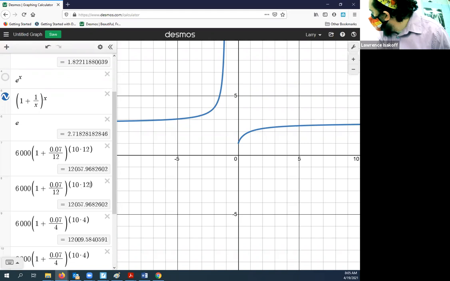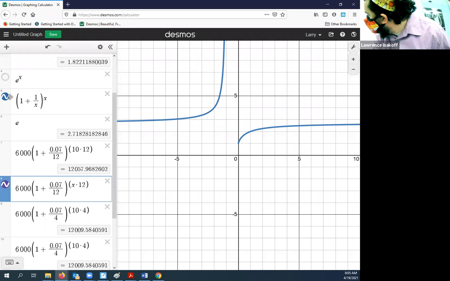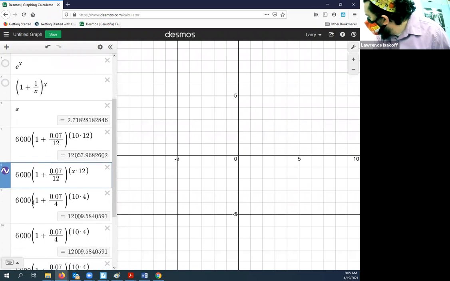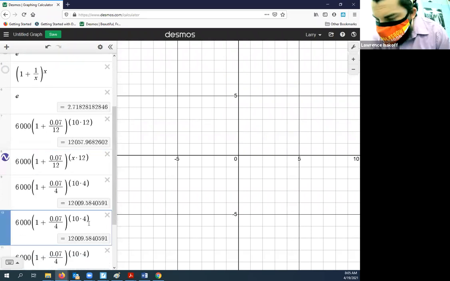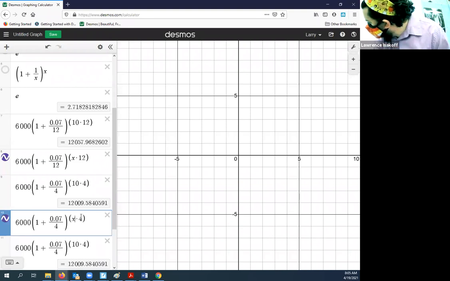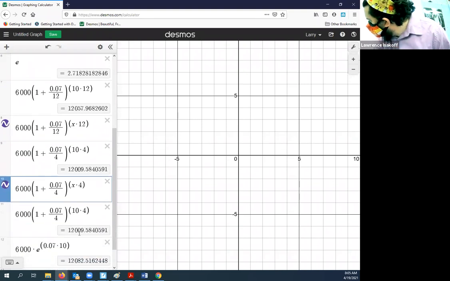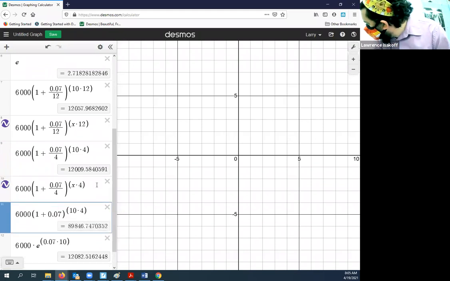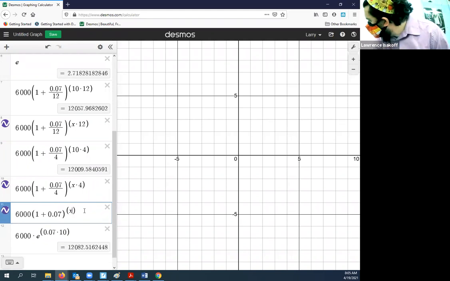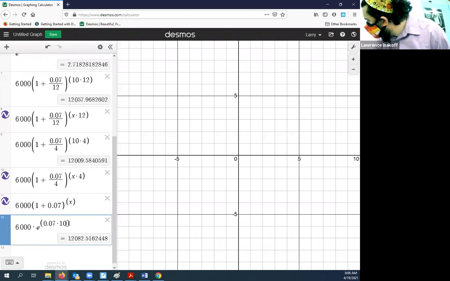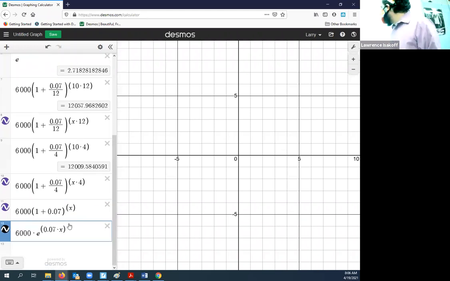Okay, so if I change this to x, turn that off, change this one to 10 to an x. I'll make this one compounded just once a year. And then finally change this 10 to an x.